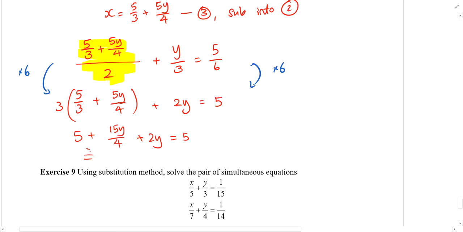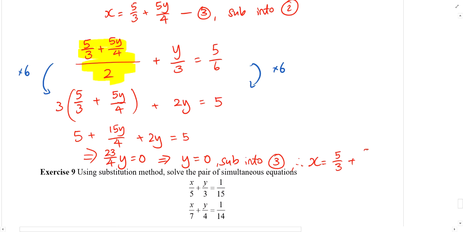From here, 15 over 4 plus 2, how much is that? 23 over 4. 23 over 4 y equals 0. Therefore y equals 0. Sub into 3. So x equals 5 over 3 plus 5 times y, which is 0, divided by 4, which gives me 5 over 3. So the answer: x equals 5 over 3, y equals 0.